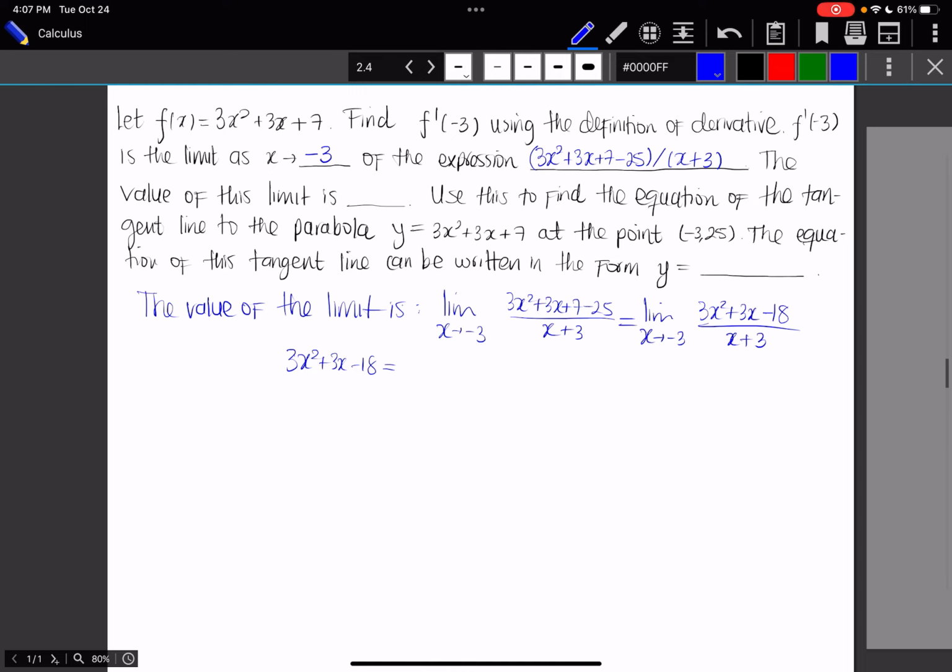Notice that we can factor out a 3 to get x squared plus x minus 6. And then we can find two numbers that multiply to -6 and add up to +1. The numbers are 3 and -2. So the quadratic x squared plus x minus 6 is x plus 3 times x minus 2.